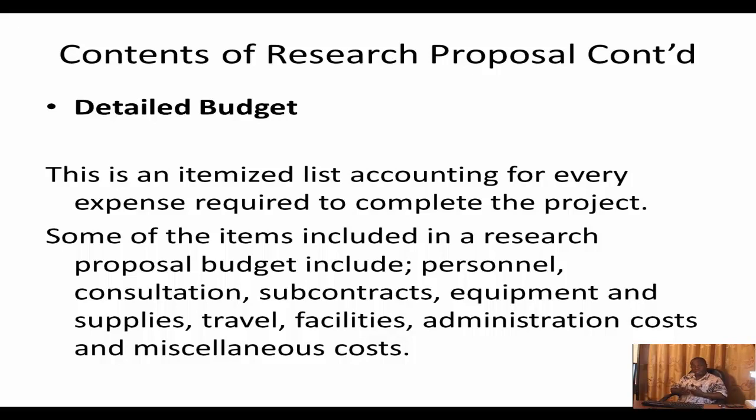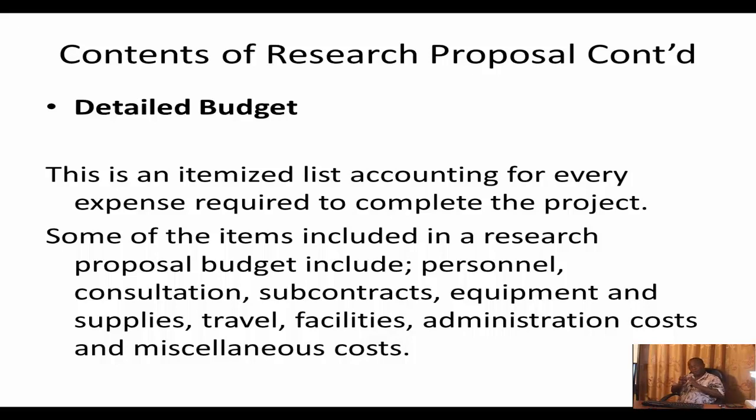Then any facilities that you would need for the project, communication, internet facilities, and then the administration costs and any miscellaneous costs that you can. Administration costs, you might budget for an admin assistant or a secretary or a driver or even just overheads, administrative overheads in the institution.